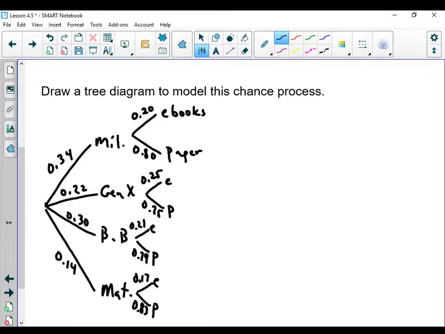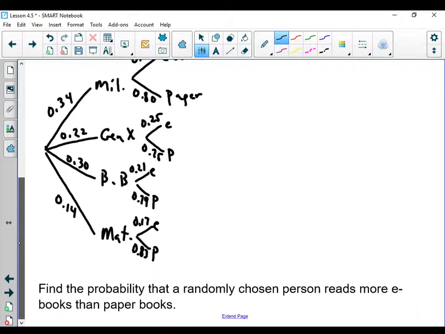Well, here's the question we're going to try to answer based on this tree diagram. They want to know what's the probability that a randomly chosen person reads more ebooks than they do paper books. So if I'm focusing just on the ones that read more ebooks, and we're not concerned with what age group they were in, I've got to look at each age group individually and then put them all together to find the total.